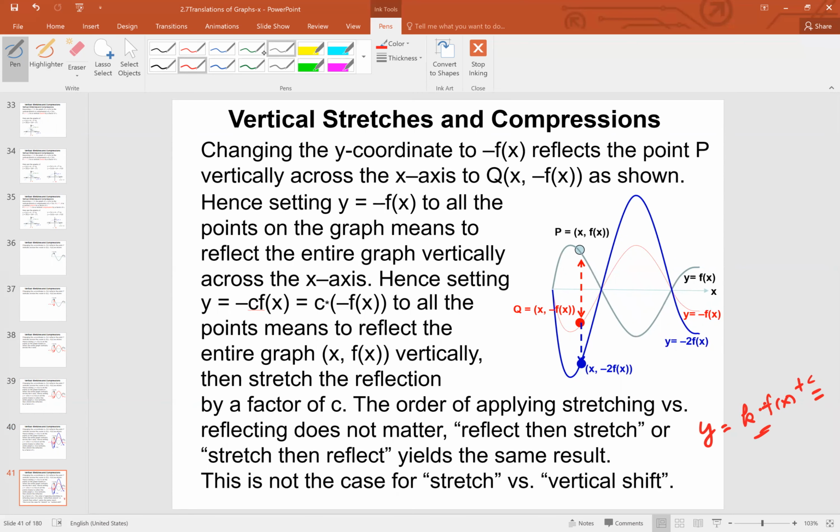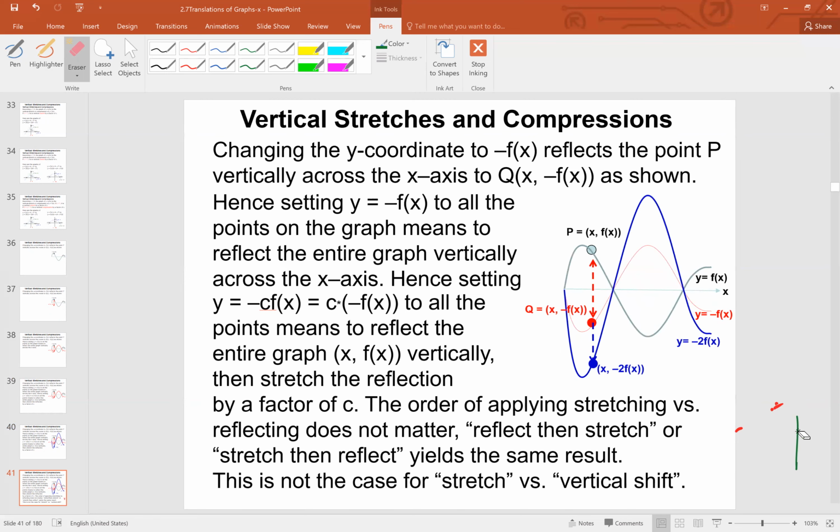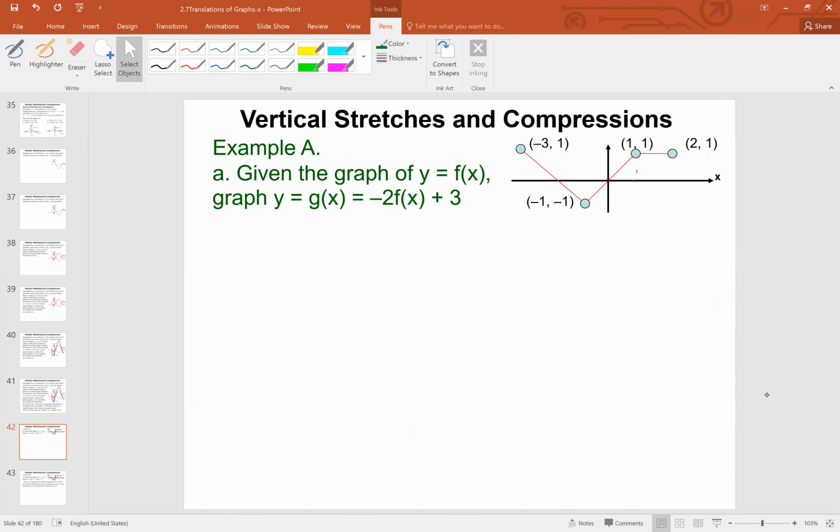But now let's talk about what happens if I actually change x a little bit. This has to do with horizontal operations on the curve.